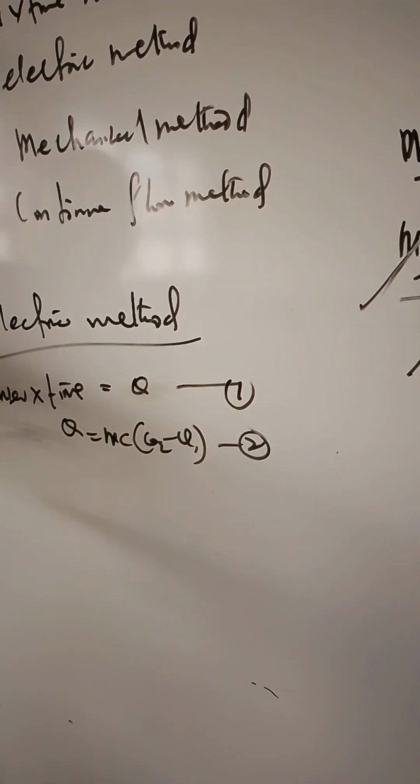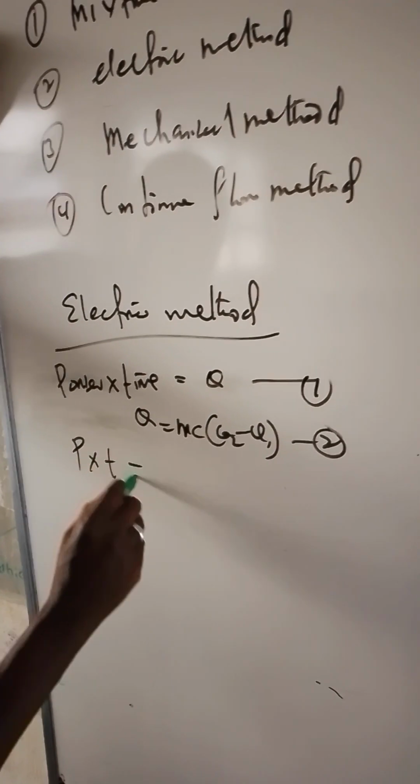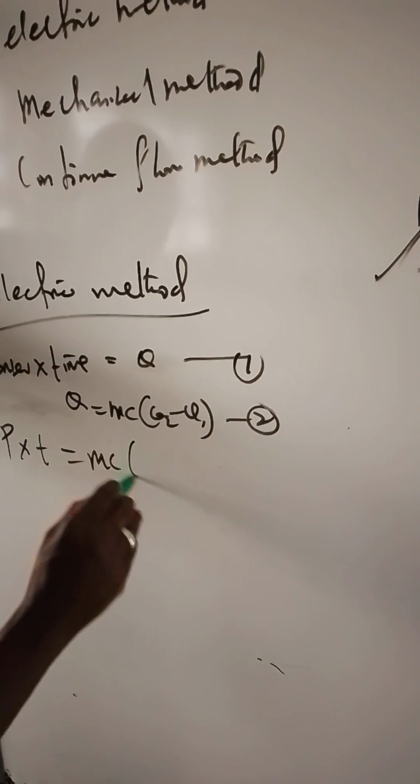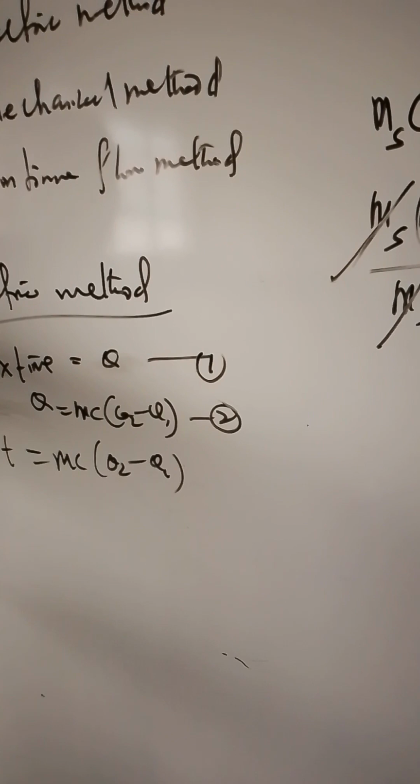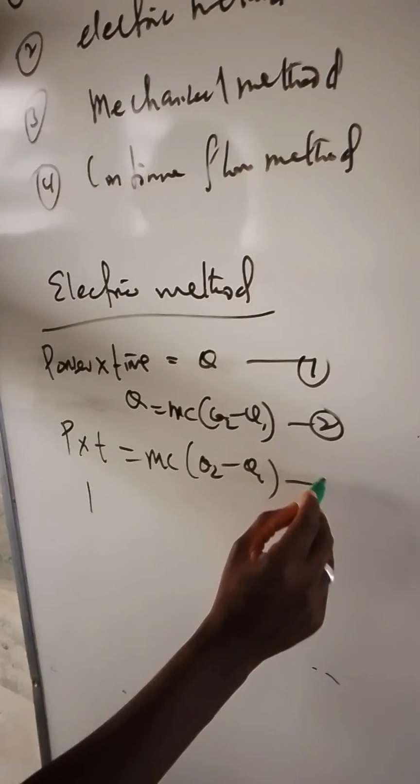Substituting 2 in 1, we have power times T is equal to Mc (θ2 − θ1). We call this equation 3.